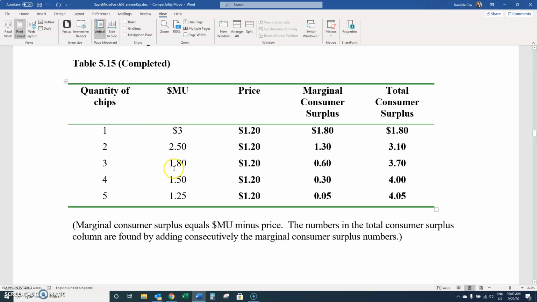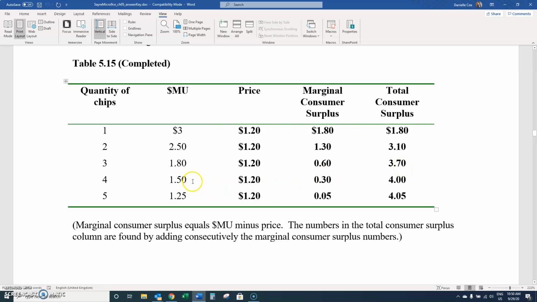On the third bag, they were willing to pay $1.80. They only had to pay $1.20. So the difference of 60 cents is the consumer surplus they got from that third bag. The total consumer surplus is your $3.10 plus the new consumer surplus from the third bag, so $3.10 plus 60 cents is $3.70.